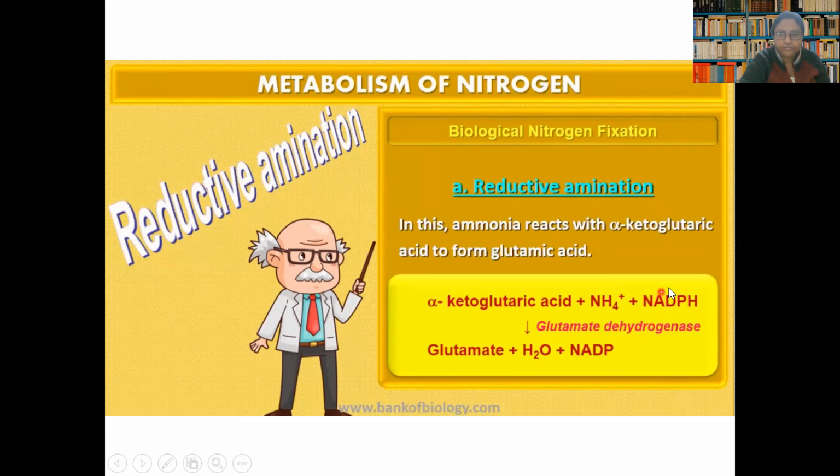The role of NADPH is to supply hydrogen. So NADPH is converted into NADP, and this NH4 becomes part of alpha ketoglutaric acid.